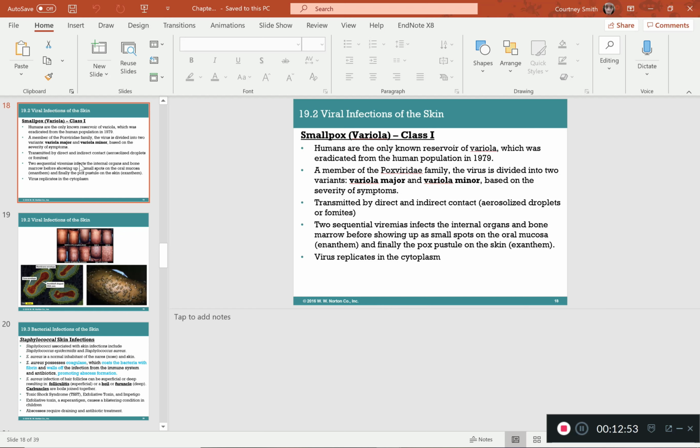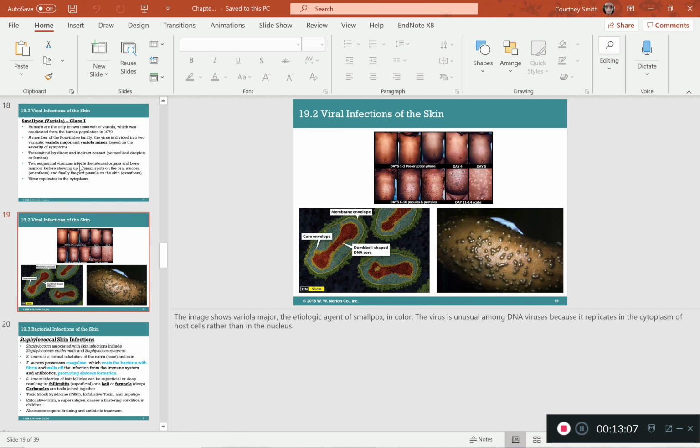You'll get some small rashes on the mucosal membranes, and then the true presentation, in my opinion, is the pustules on the skin, which will look like this rather than on the mucosal membrane.